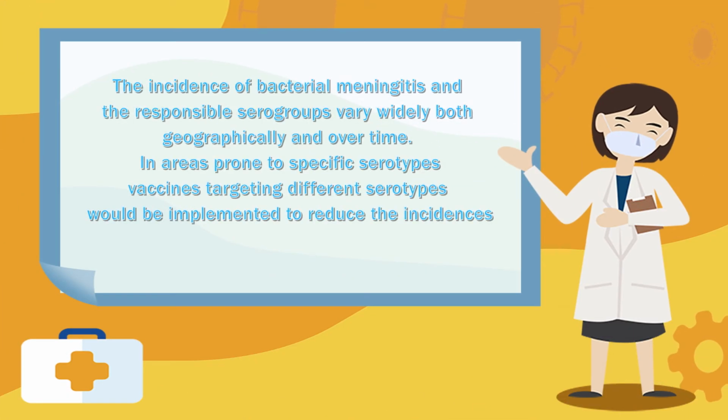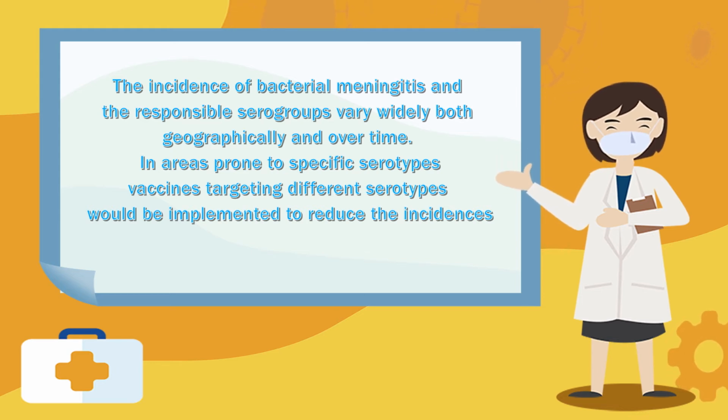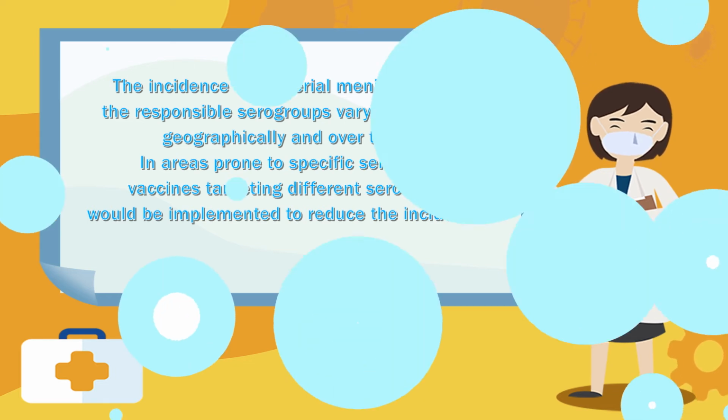Incidence of bacterial meningitis and the responsible serotypes vary widely, both geographically and over time. In areas prone to specific serotypes, vaccines targeting different serotypes would be implemented to reduce the incidence.